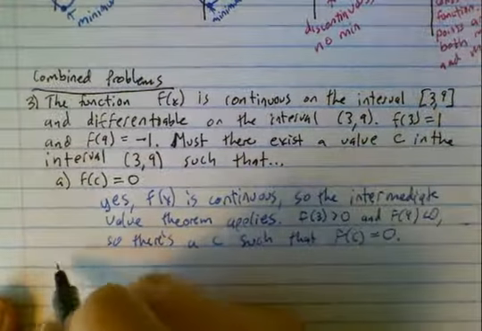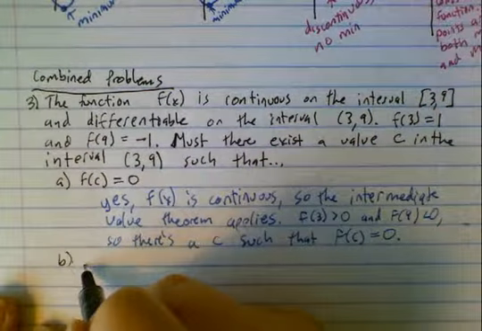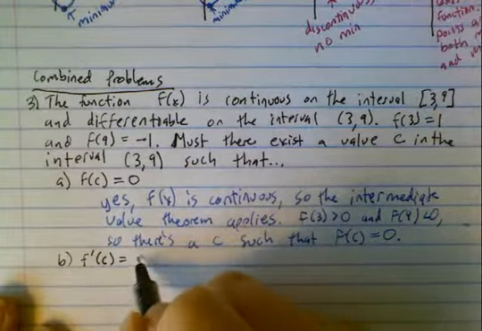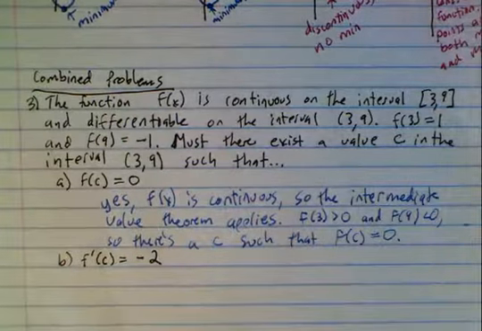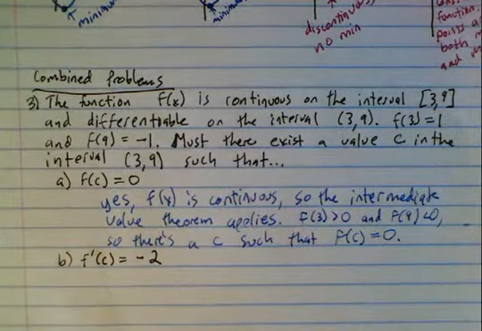Okay, for part B, does f prime of c have to equal negative 2? Think about that one for a little bit. So restart the video when you're ready.